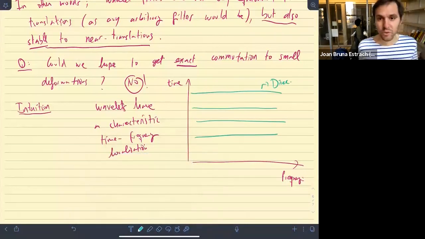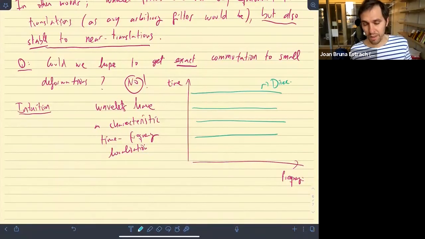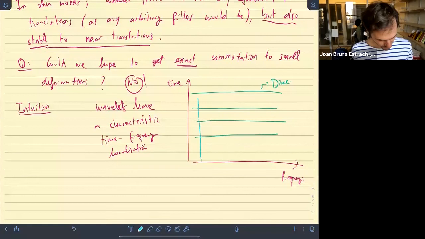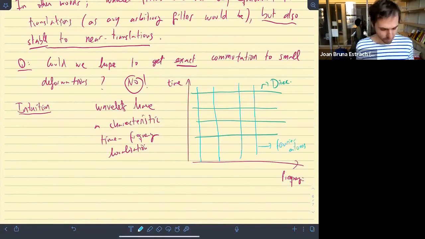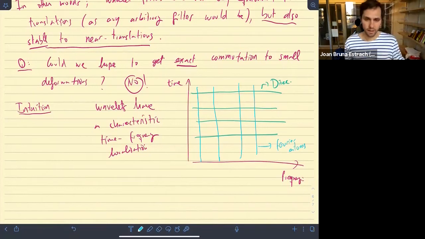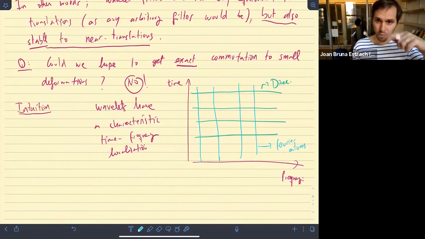The opposite extreme are the sines and cosines that we just saw, the eigenfunctions of translation, which are the Fourier atoms. These are signals that are completely delocalized in space and have an extremely sharp, completely localized frequency characterization.